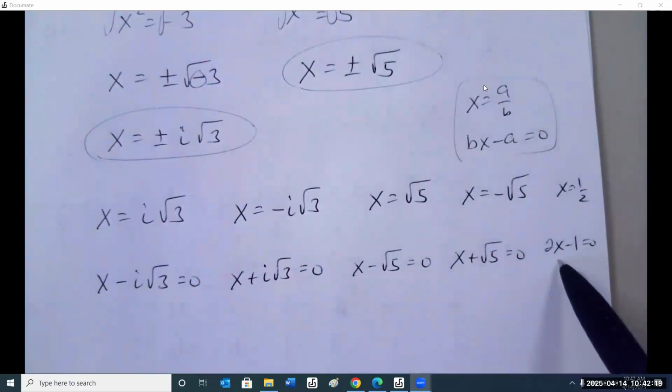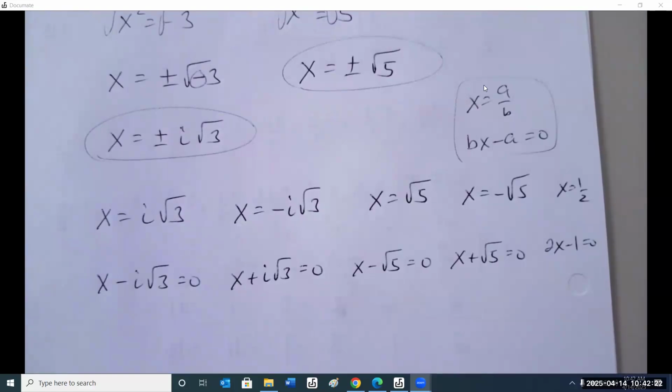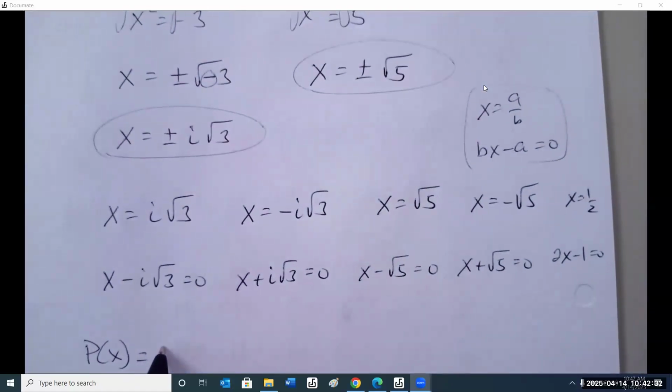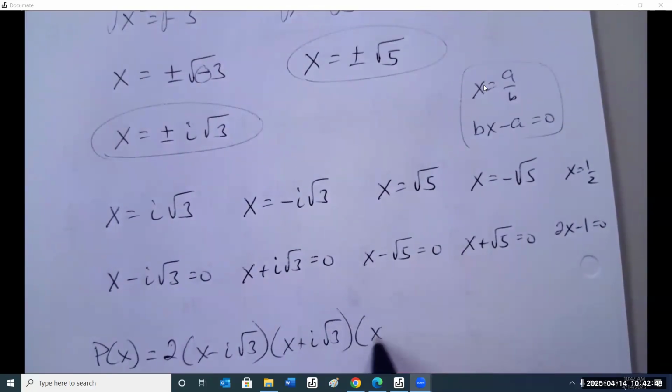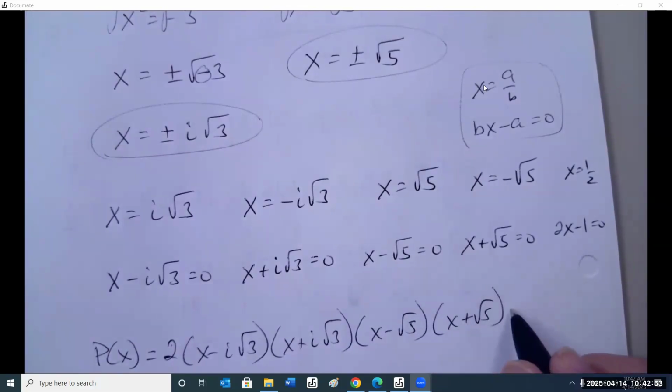So that 1/2 will become 2x minus 1. Remember, we have that 2 we factored out. We can't forget that 2. So our polynomial is going to be 2 times x minus i radical 3, x plus i radical 3, x minus radical 5, x plus radical 5, and 2x minus 1. That's our solution.